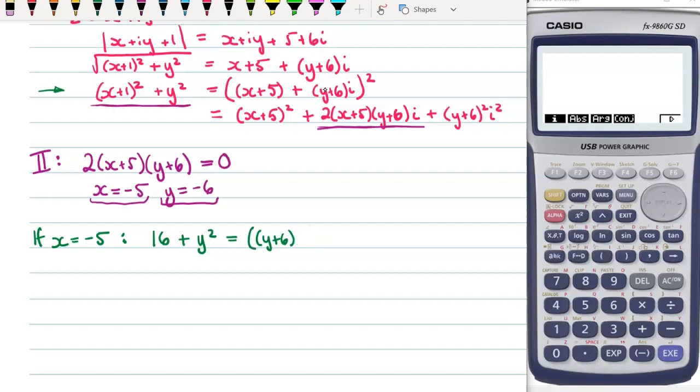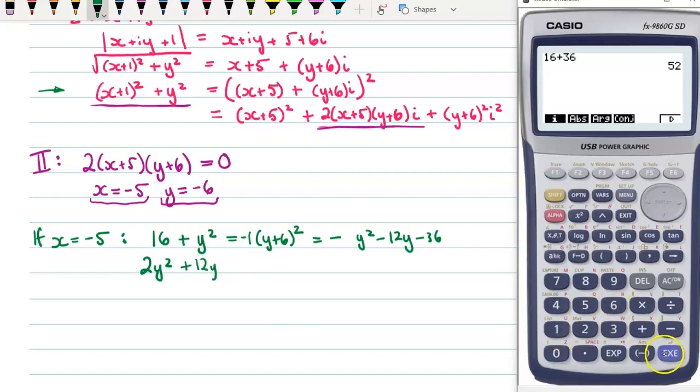Well, i squared is -1, so that is going to be -1 and then this squared. So that's minus of y squared plus 12y plus 36. So putting that minus through there, and bringing all of this right-hand side over to the left, we would end up with 2y squared plus 12y, and we have 16 plus 36 is equal to 0.